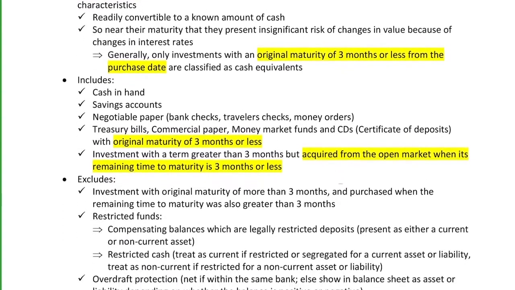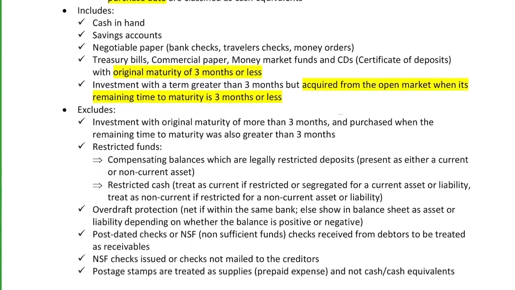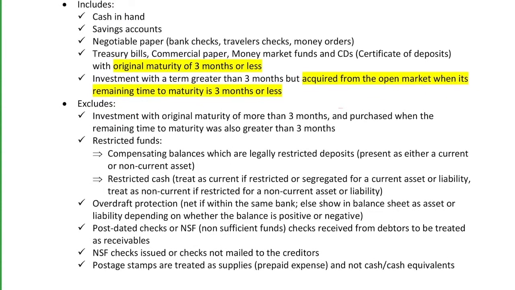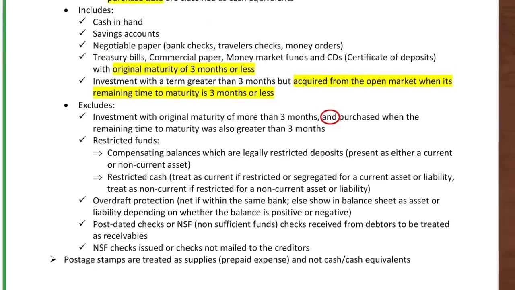So naturally, we are trying to exclude investments which have an original maturity of 3 months and purchased when the remaining time to maturity was also greater than 3 months.